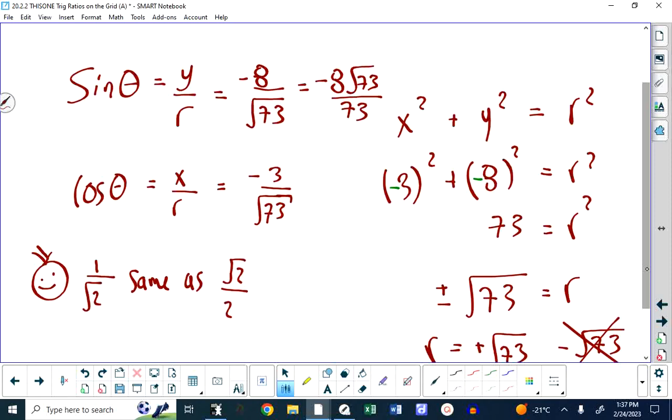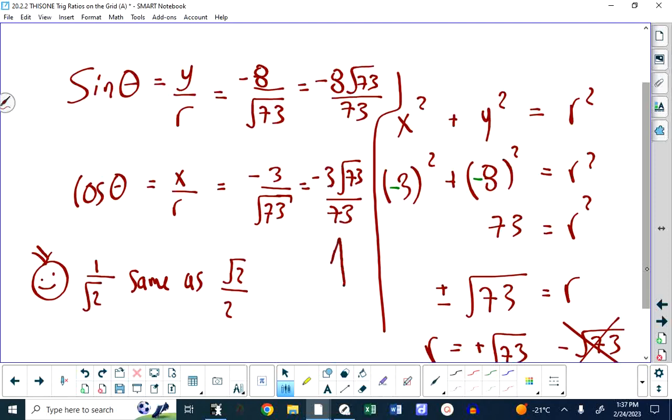It's really clunky. I think writing it the first way is better. It's simpler to look at. But later on, we're going to learn that this is the proper way to write it, and you will know how to go from one to the other. And this could be written as well as negative 3 root 73 over 73.